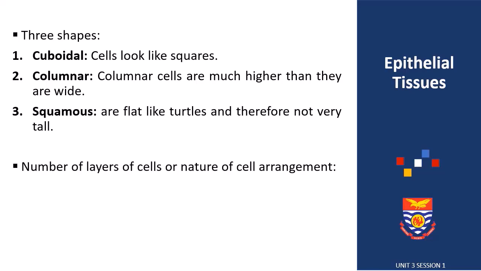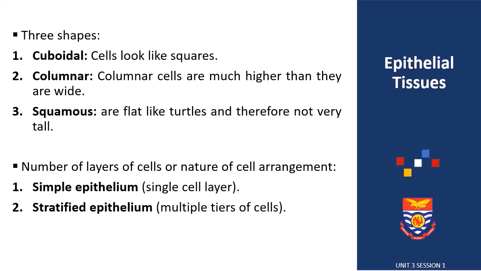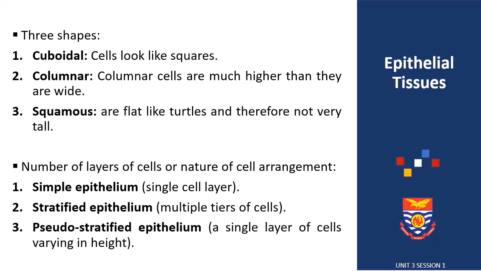So another way of identifying epithelial cells could be based on the number of layers of cells or the nature of cell arrangement. So based on the number of layers or the arrangement of the cells, we could have simple epithelium, stratified epithelium, and pseudo-stratified epithelium.